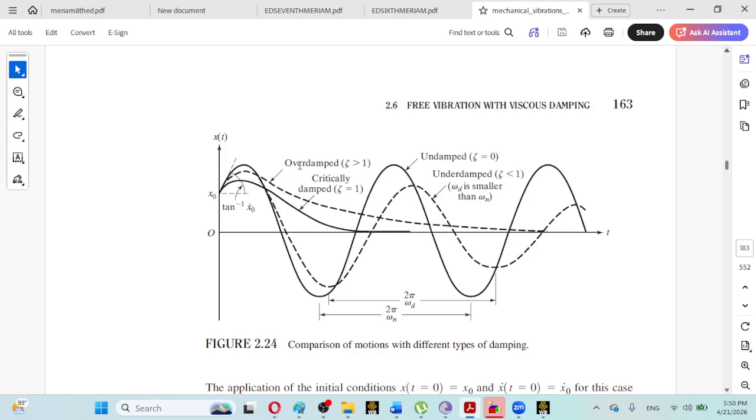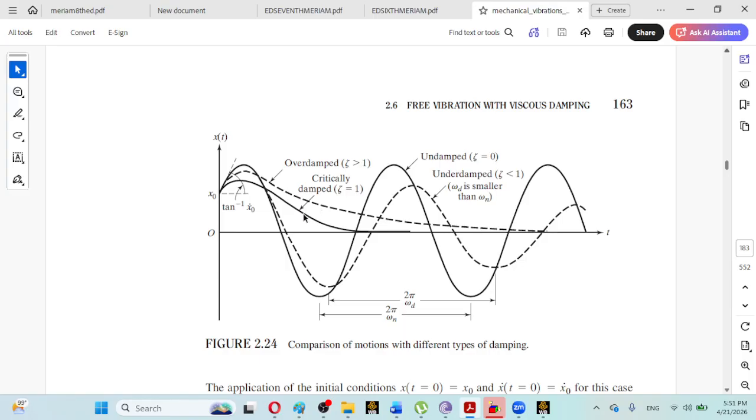This is the overdamped case, and this is the underdamped case. When comparing all four oscillations, natural, underdamped, critically damped, and overdamped, we observe that only the critical damping curve has its amplitude becoming zero first.